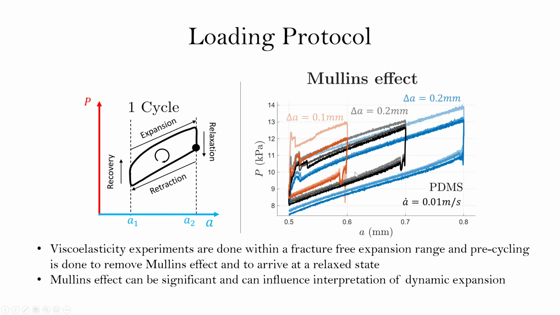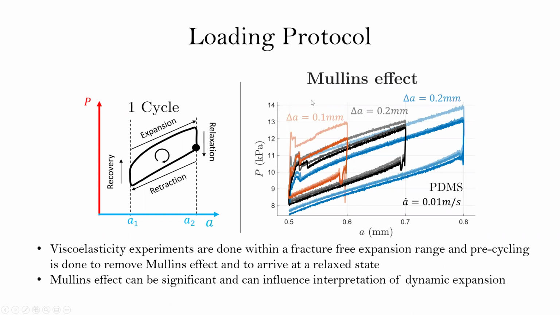And we also remove the Mullins effect, which is a softening effect that we observe in soft rubbery solids, whereby when you load the virgin material for the first time, the response will be quite stiff. But when you unload it and reload it again, you'll observe some significant softening. And if you keep cycling the material, within a few cycles, you'll see that the material response starts to coincide.